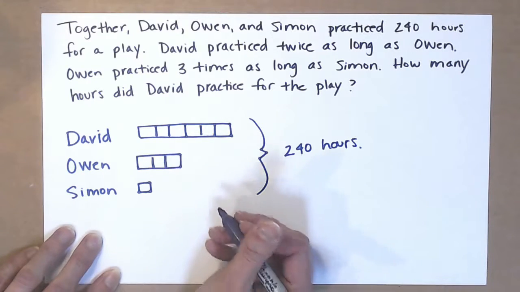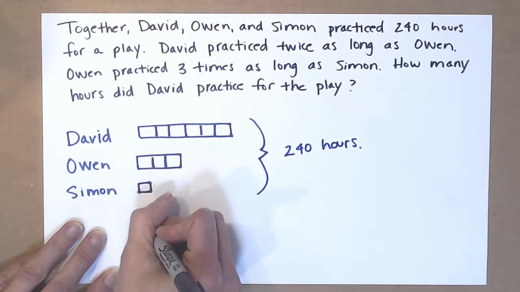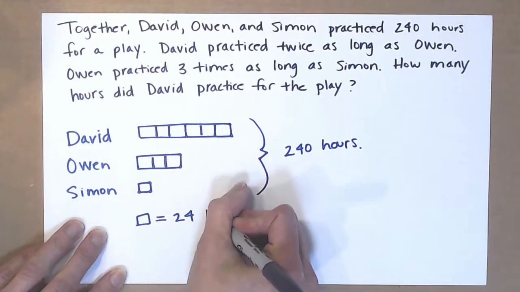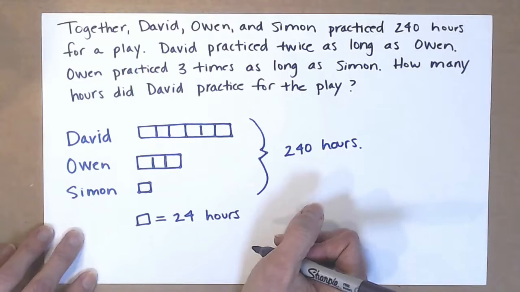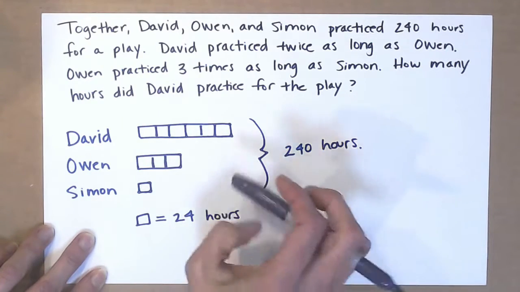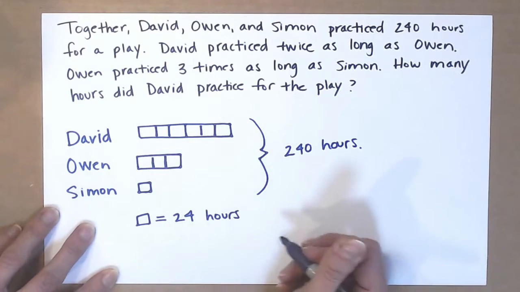10 equal parts. So if we take 240 divided by 10, we will know that each part represents 24 hours. So now let's go back and see how many hours did David practice. So David, 1, 2, 3, 4, 5, has 6 of those equal parts.